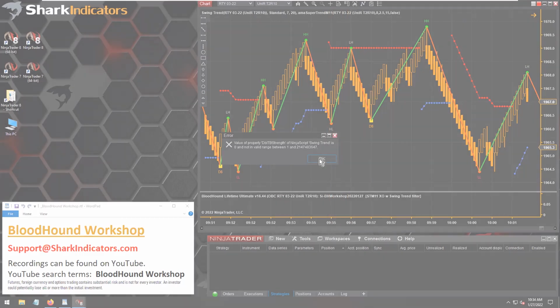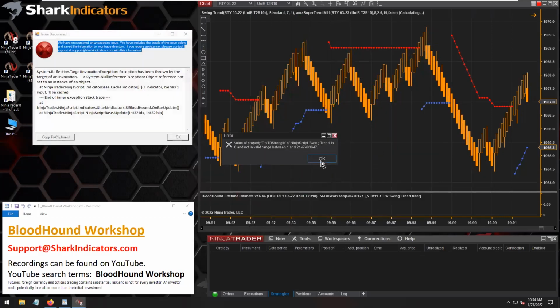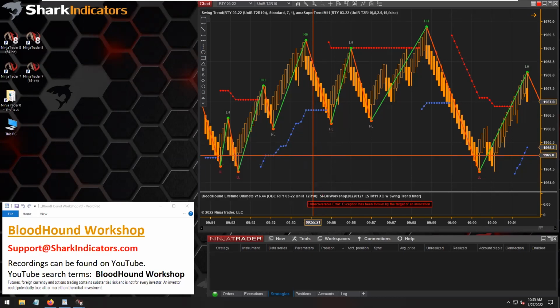So something else I wanted to do here is go into the swing trend on the chart and also set the double top, double bottom strength to 1. The swing strength indicator running inside BloodHound is going to be constantly throwing these error messages until we get that fixed.